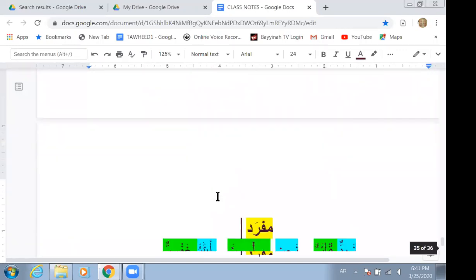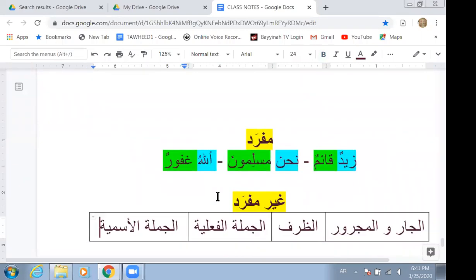When it is mufrad, the examples are the same. This example is new: Huwa Allahu ghafurun. Lafzi Allah is the mubtada, and ghafurun is the khabar. Basically now we have to focus on the khabar being a single word. Qa'imun, single word. Muslimuna again is a single word, and ghafurun is a single word. So mubtada is a single word, and khabar also is a single word.